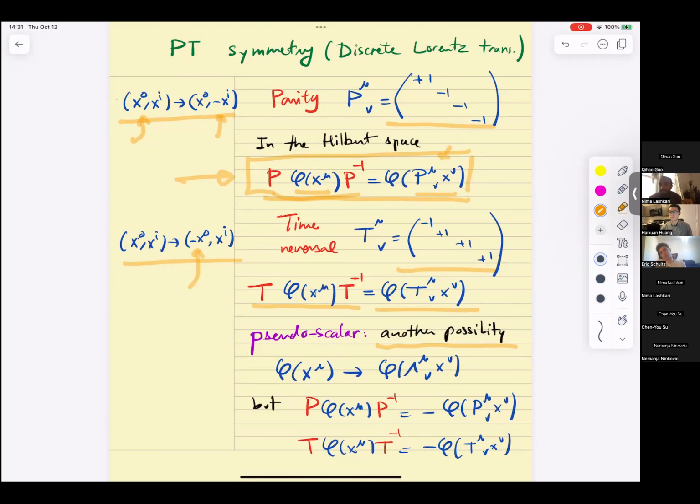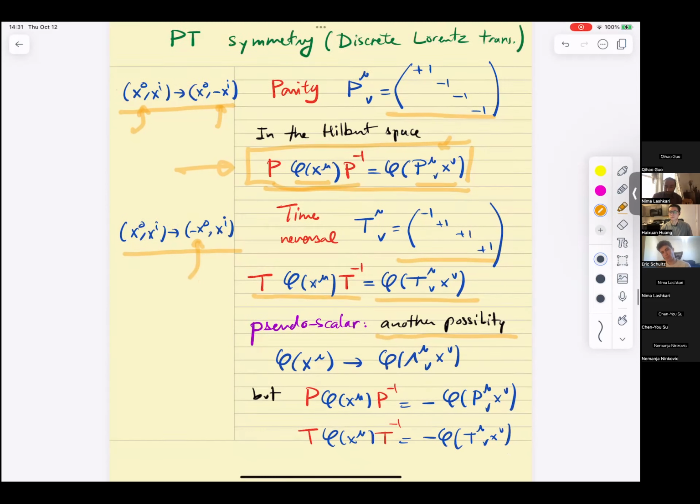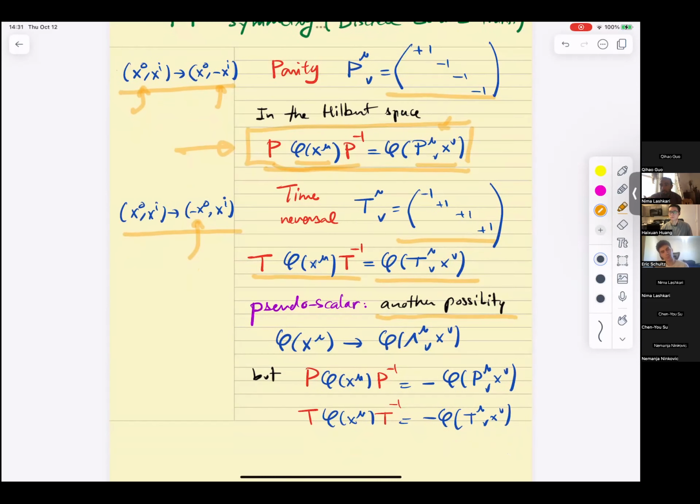It's perfectly consistent to imagine a field such that under the continuous parts of the Poincare transformation, the Lorentz group, it transforms like this, but for the discrete part, it picks up a minus sign outside. That's perfectly consistent. That's a choice. We would call that a pseudo-scalar.